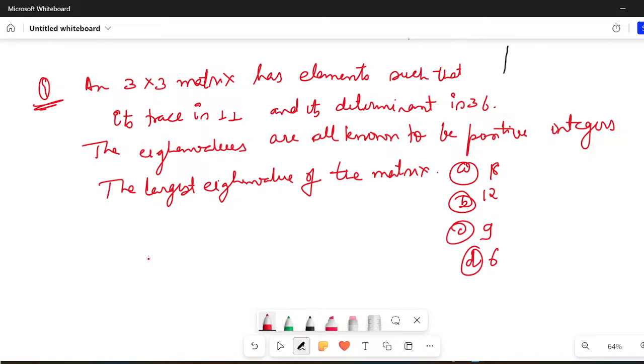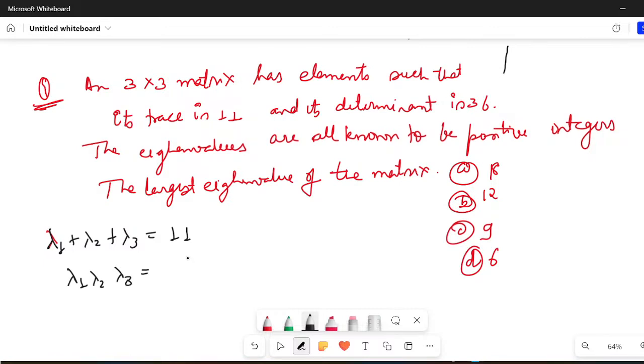So I can write that my sum of eigenvalues, which is equal to the trace, lambda 1 plus lambda 2 plus lambda 3 is equal to 11. My determinant is 36, that implies lambda 1 into lambda 2 into lambda 3 is 36.